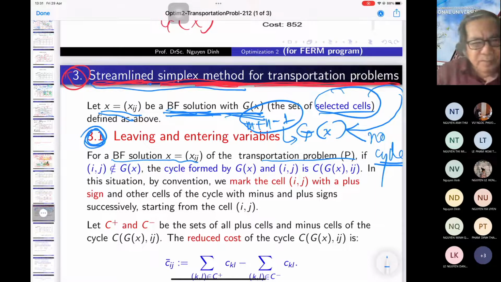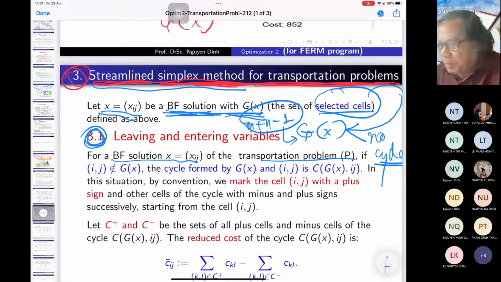A solution is a BF solution if and only if the set of selected cells has m plus n minus 1 cells and contains no cycle. That's one theorem we have.